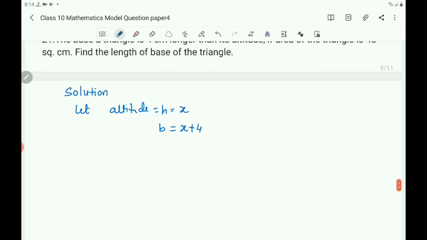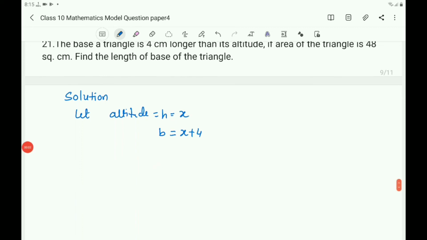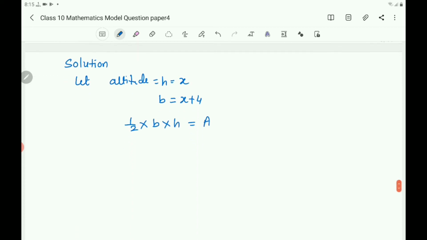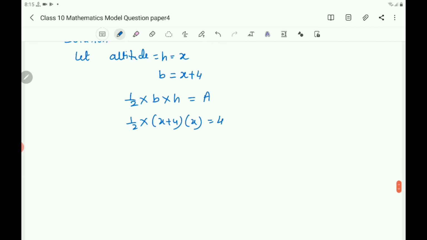X plus 4. You know the formula to find the area of the triangle. What is the formula to find the area of the triangle? That is area of the triangle equals half into B into H. So you take half into B into H equals A. Then half into B is x plus 4 into H is x equals A. Area is given, that is 48.